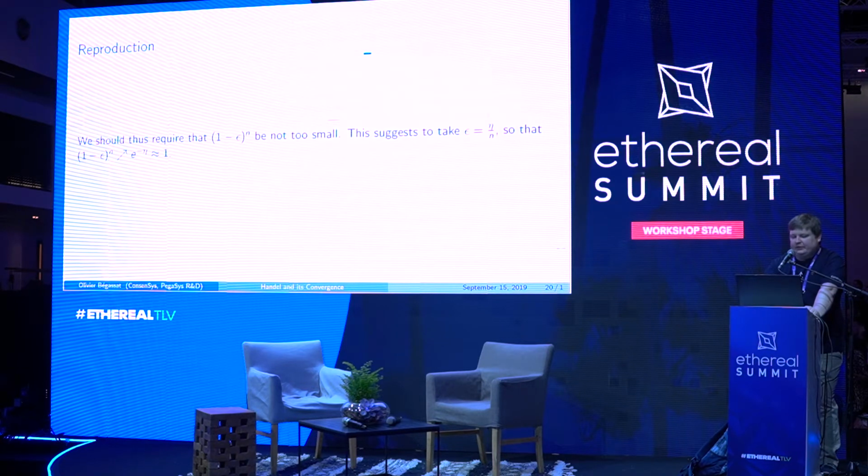And you want to do this in such a way that the proportion that survives is at least 1 minus some small quantity epsilon. And if you do this on many levels, n levels, you had better require that epsilon be very small, of the order of some constant divided by n, in order to leverage the fact that (1 minus epsilon) to the power n will converge to nearly 1.